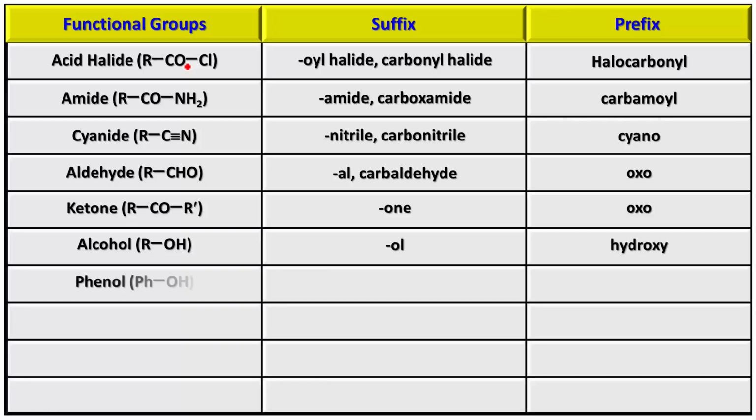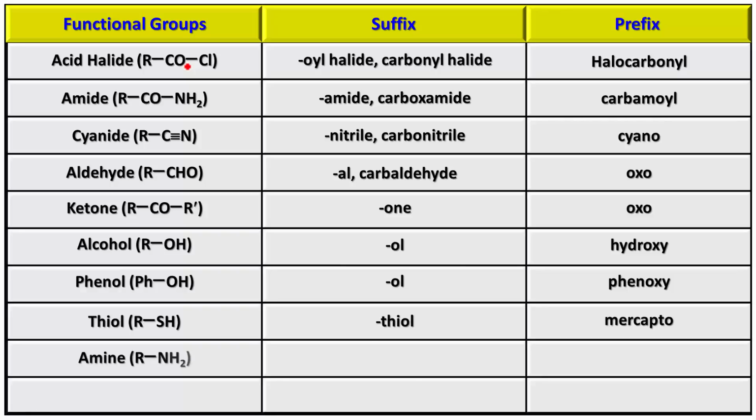The next is phenol, ends in -ol, and we call it phenoxy if it is a prefix. Then instead of alcohol, if you have a thiol, it ends in thiol, and the prefix is mercapto. Then comes amine, and we know it ends in amine, and the prefix is amino.